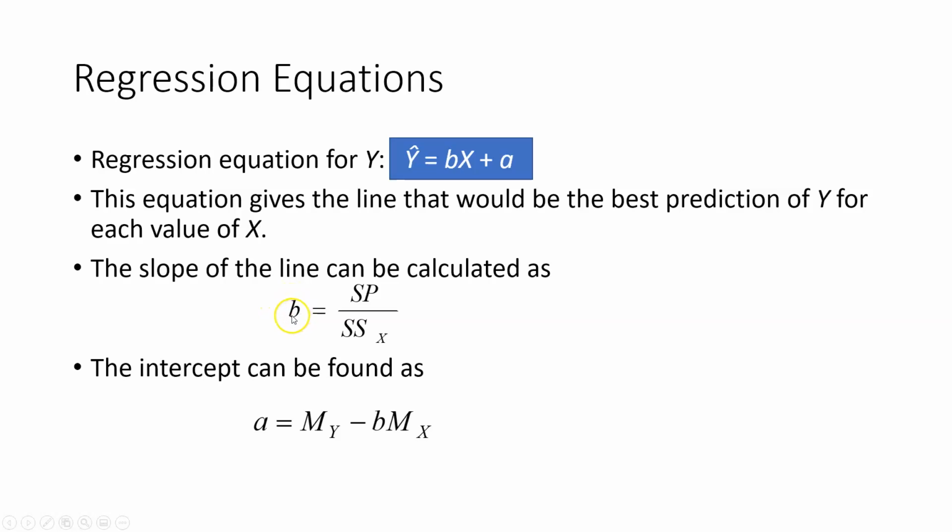The b is calculated as the sum of products divided by the sum of squares for x only, just that variable. And the intercept can be found as the mean of the y variable minus b, which you just computed, times the mean of the x variable.